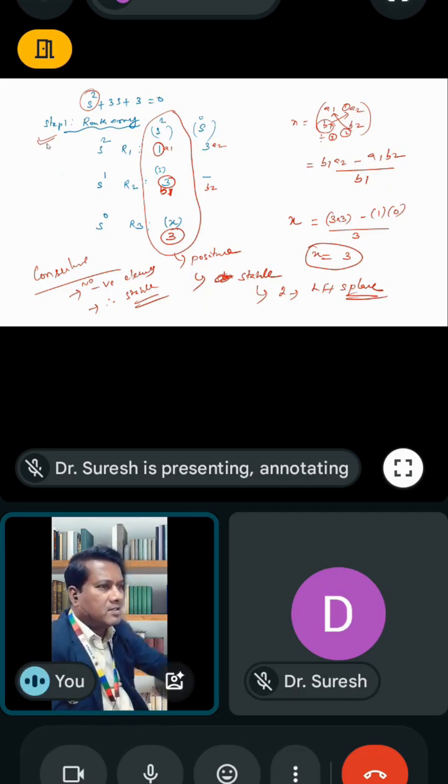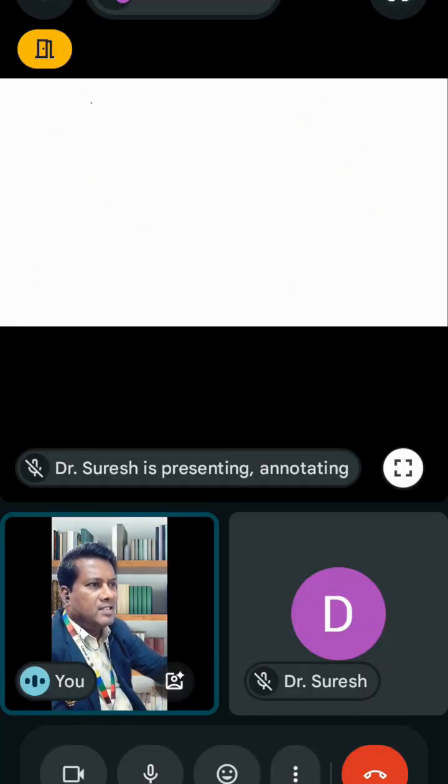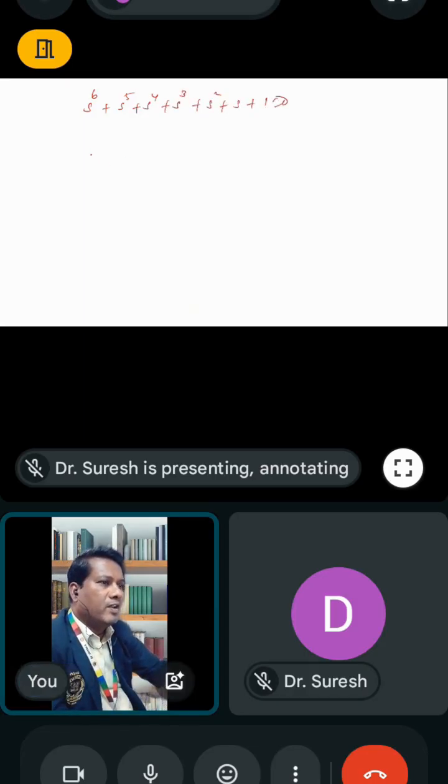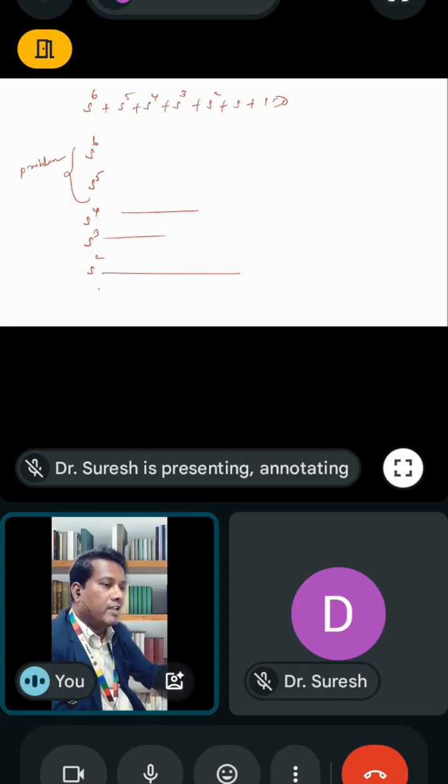Here the highest power is 2, therefore s squared, s power 1 and s power 0. For example, if the highest power is s power 6, then we construct s power 6 and s power 5 from the problem statement, then calculate the rows s power 4, s power 3, s power 2, s power 1, s power 0.